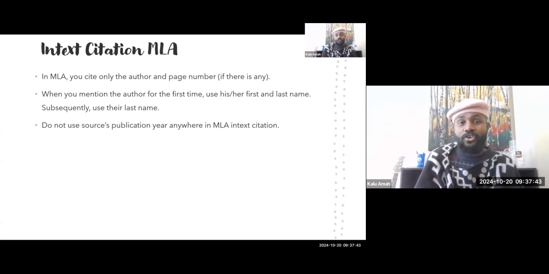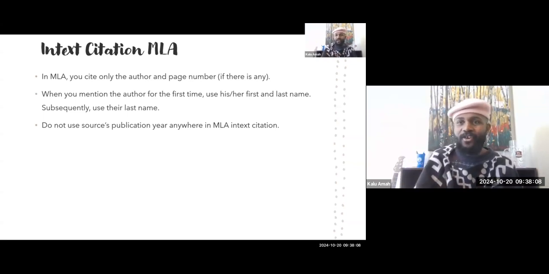The reason, according to MLA, someone asked the question initially, why don't we use just one citation style throughout our papers across disciplines? Like I said, people just want to do it differently. They think this is the best way it should go. So according to MLA, why they don't include the year of publication in the middle of their paper? Because they think, what's the need?